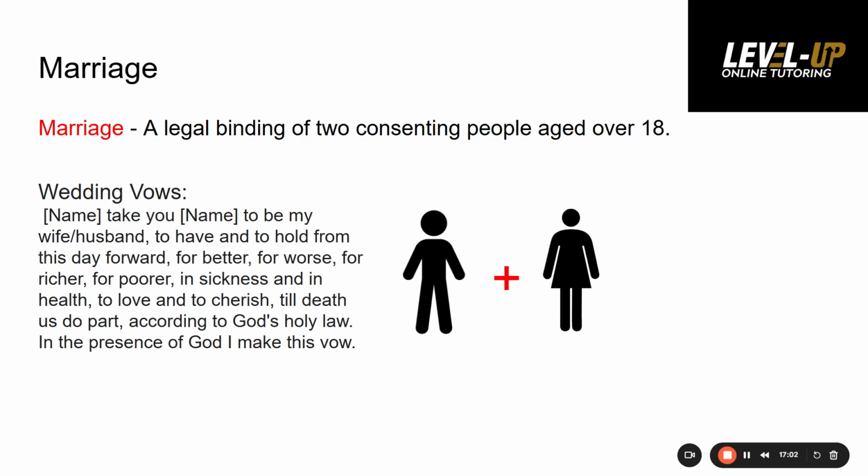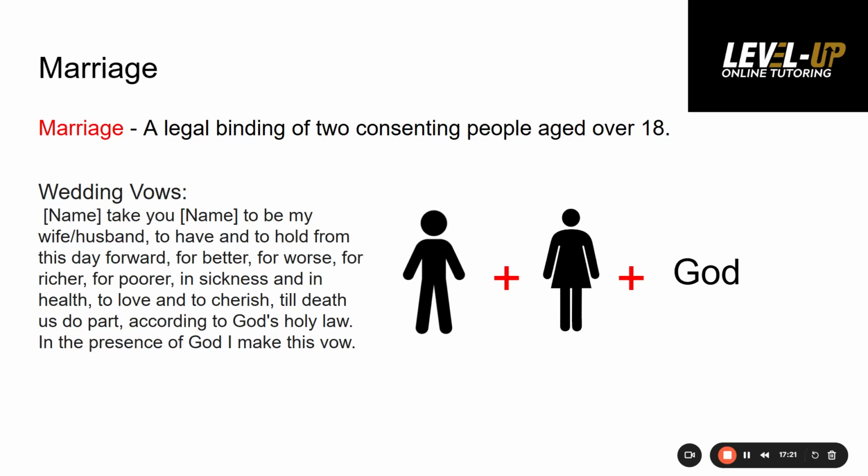According to God's holy law, in the presence of God, I make this vow. This then highlights the importance of marriage as one of the 7 sacraments in Catholic Christianity. This is no longer just a promise between two people, but also a promise between two people and God.